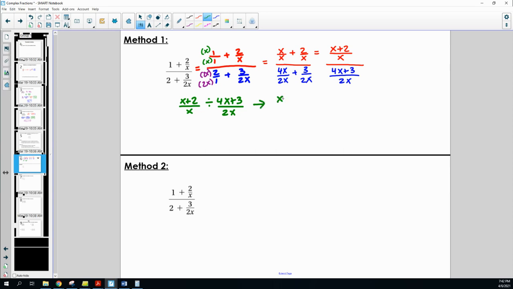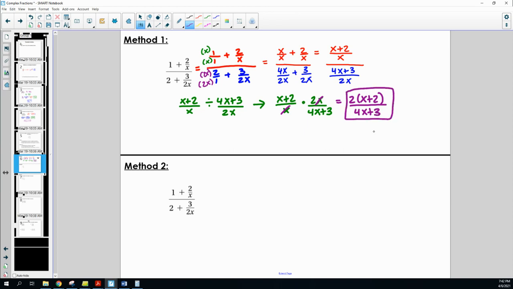So that's going to become x plus 2 over x times 2x over 4x plus 3. And then we can cancel out this x and this x. So now we're left with 2x plus 2 over 4x plus 3. Nothing else can cancel out, so that is our final answer.